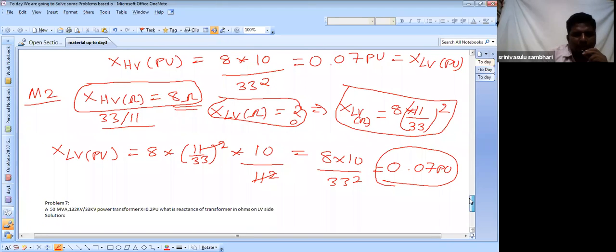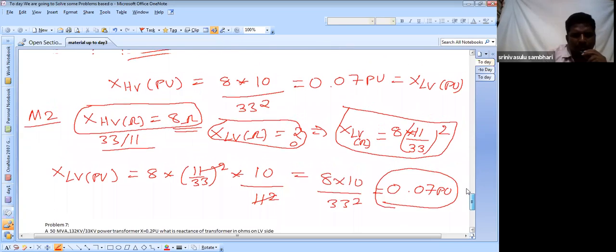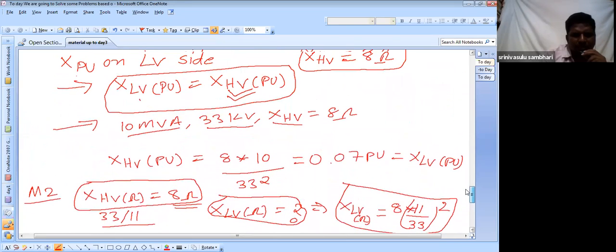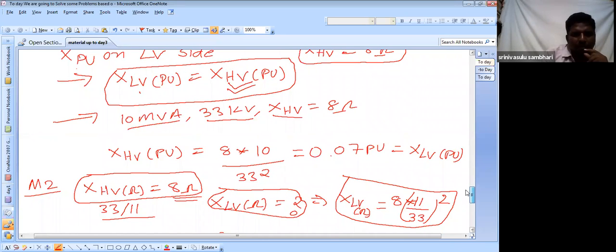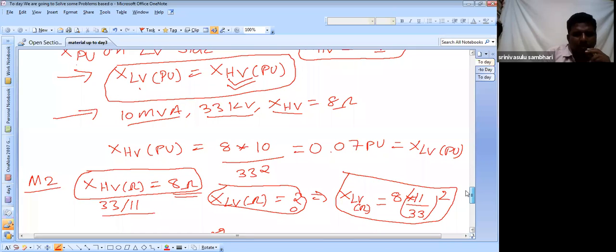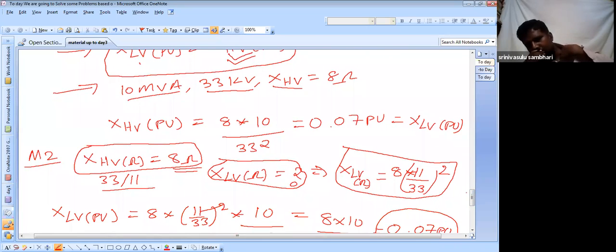Your base MVA is 10, the base kV is 11. Here also we are getting 0.07 per unit. Now it is clear, everybody. This is very, very important. In the examination, no need to verify. Simply based on our data, we can find XHV per unit, that is the same as low voltage side per unit value. Now it is clear.